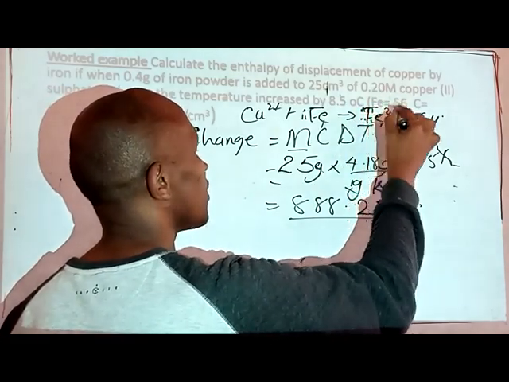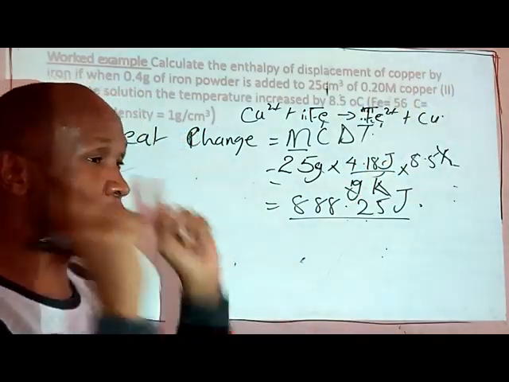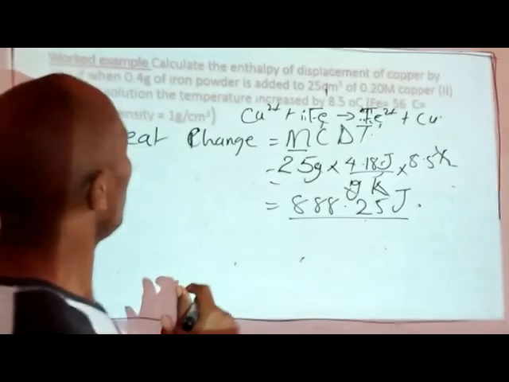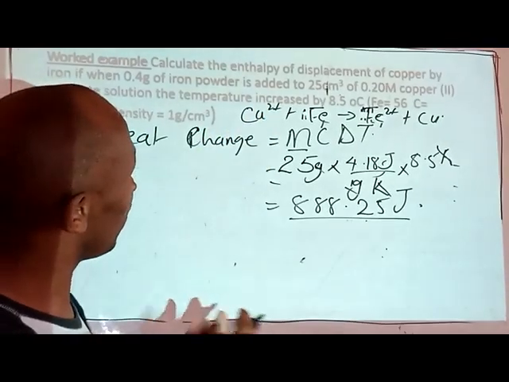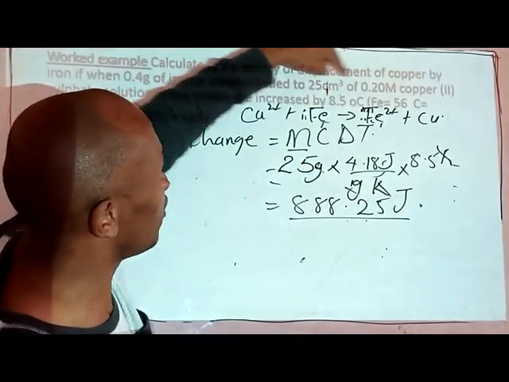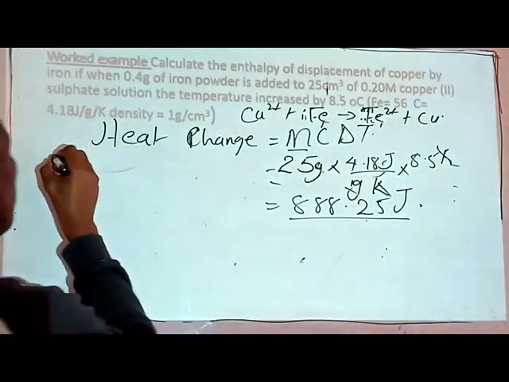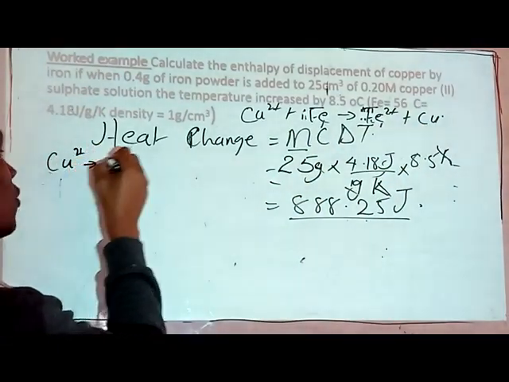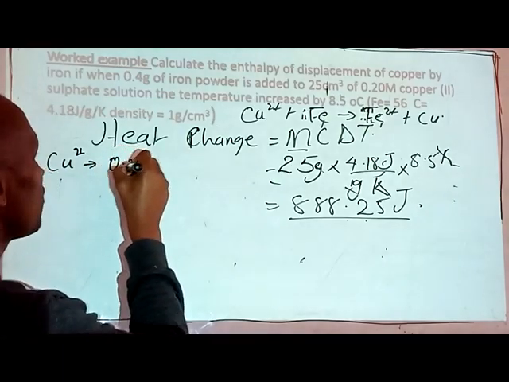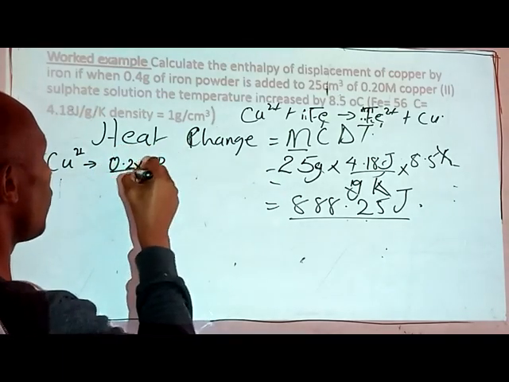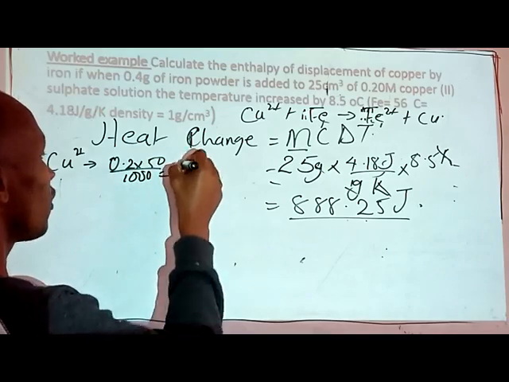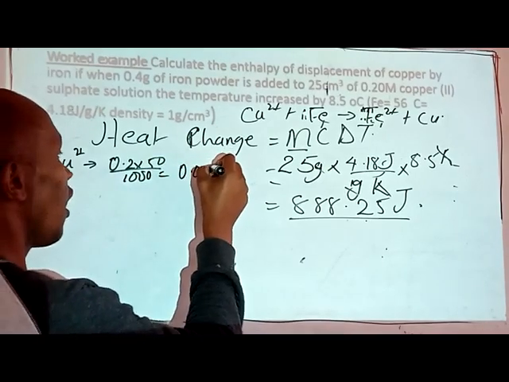Okay, it's iron that is reacting. The ratio is 1 to 1, so the number of moles must be equal. Let's work out the number of moles of copper. The number of moles of copper 2 plus will be 0.2 times 50 over 1000, which gives me 0.005.